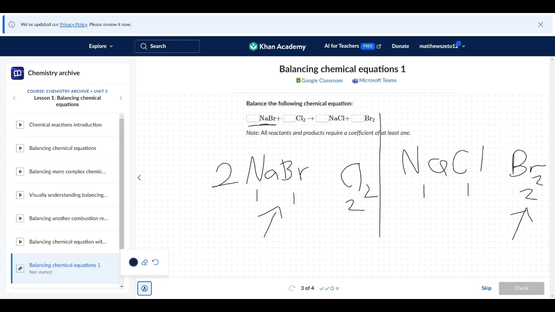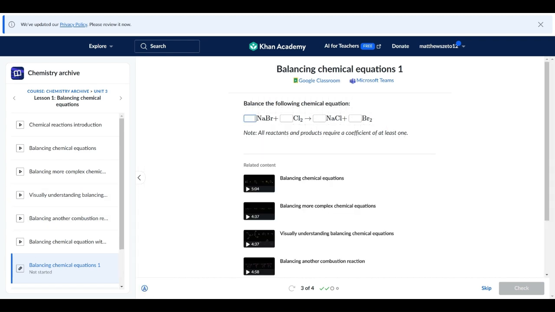And since this is a diatomic chlorine, there's two diatomic chlorines, so you have to put two right here to match this up. Since I only used one of the two chlorines here, and also one of the two bromines here, the answer is 2121. Sorry, not 2112, it's 2121. So let's just put that down.